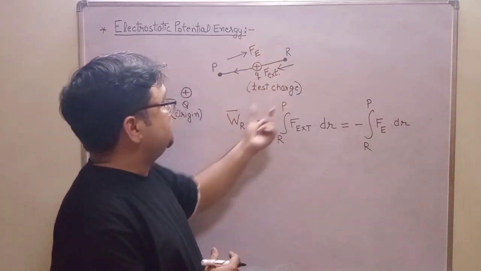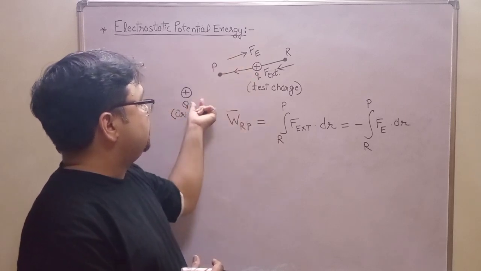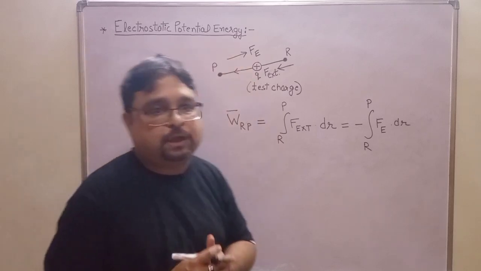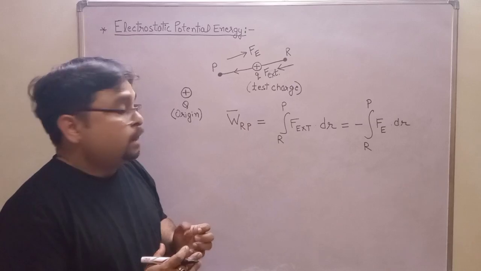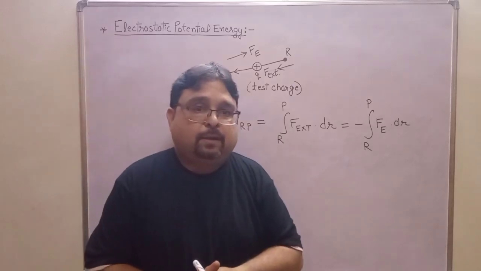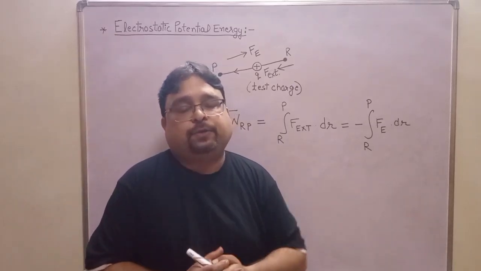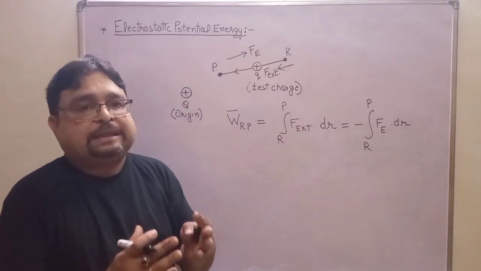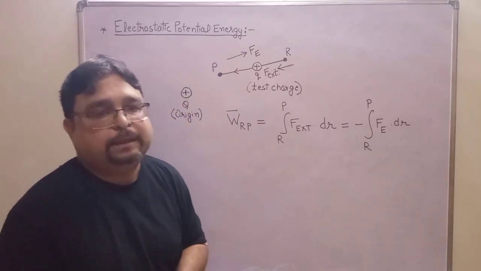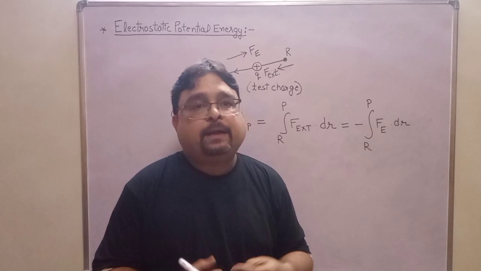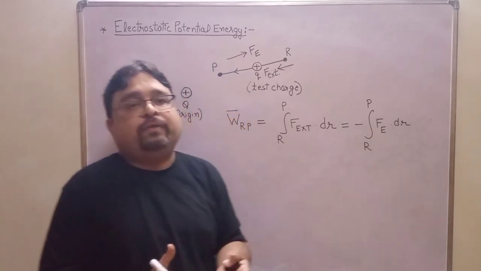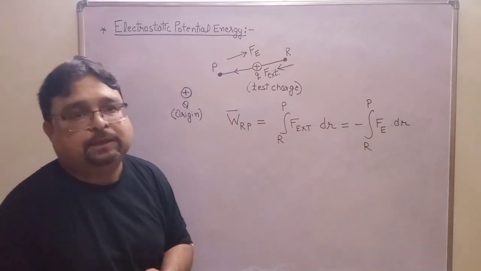At every point in the electric field of this capital Q charge, any particle of charge small q will possess some electrostatic potential energy, and the work done will increase that potential energy.